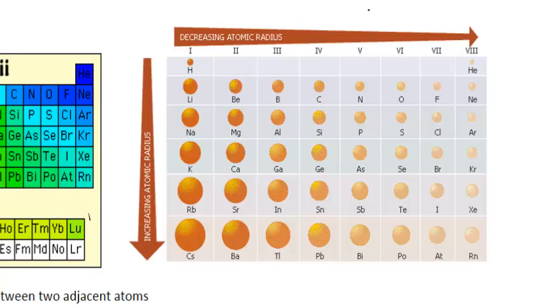When you're looking at the decrease across a period, however, it's the subshells that are changing. So the decrease there is due to two factors. One is that when you have more electrons, you have a greater attraction of those electrons to the nucleus, as you add more electrons, you also add more protons. But also, the shielding decreases that effect. So you're getting a decrease in the atomic radius across the period and an increase down the group.